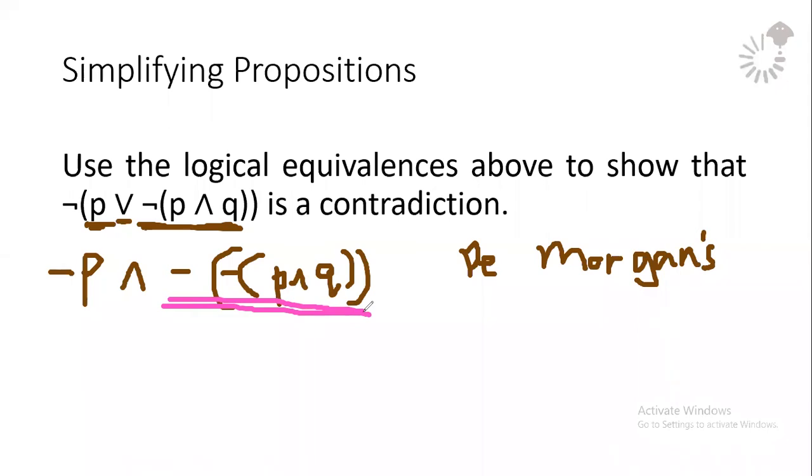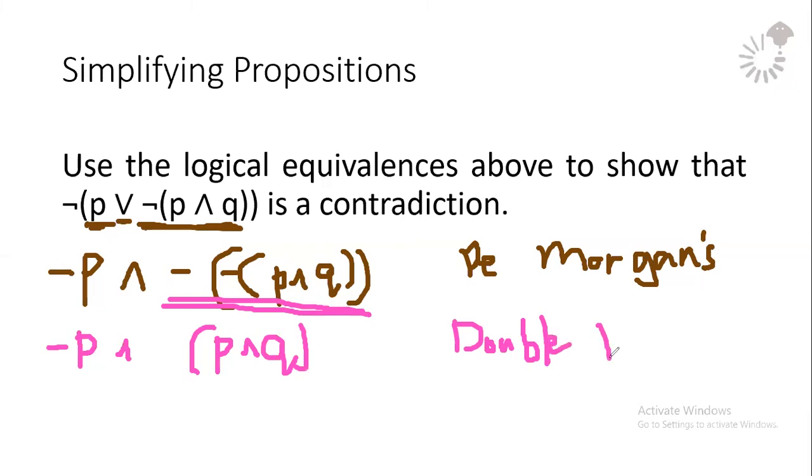Drop lang natin yung negative, di ba? So, ang matitira dito ay P and Q. Wala na yung negative. Tapos, copy natin yung the rest of the statement. Okay? So, ang rule natin dito ay double negation.